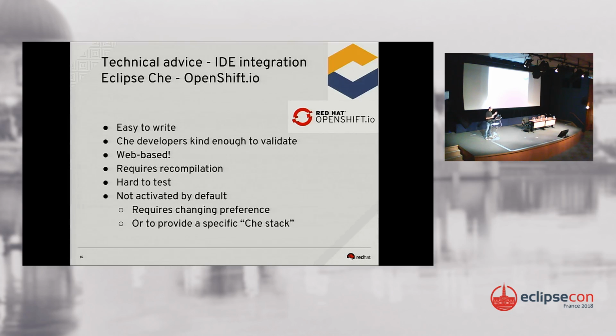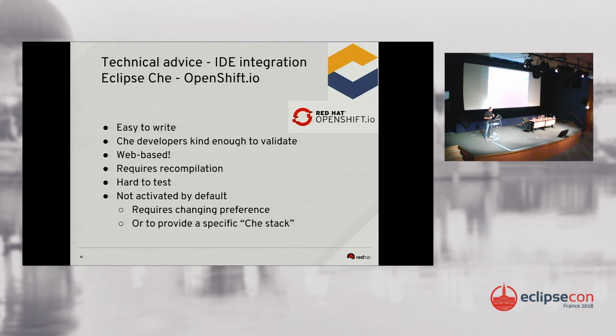You have the Che developers, who were quite fast to validate it and to help on that. The really big advantage is that you will have a demo on a web-based application, and all product managers will be happy. The downside is that it requires a recompilation of the Eclipse Che stack for now.